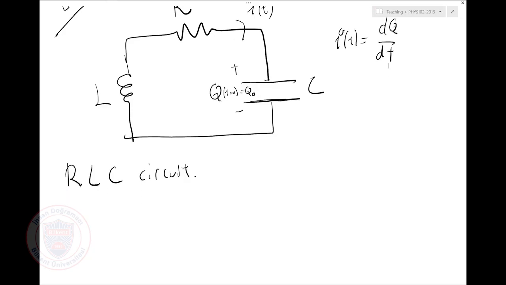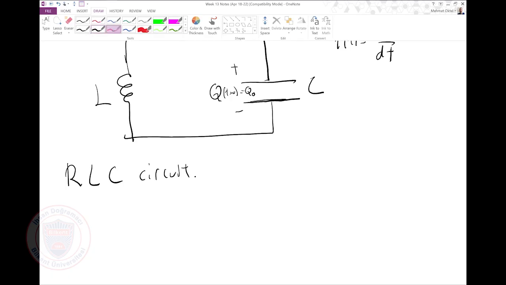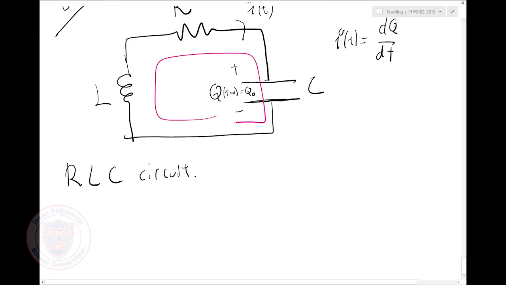How about if I write down Kirchhoff's loop law over this circuit? What would be the potential on the inductor? It will be L di/dt.